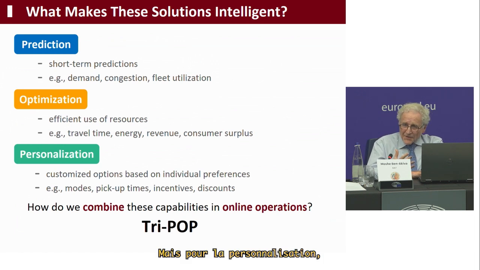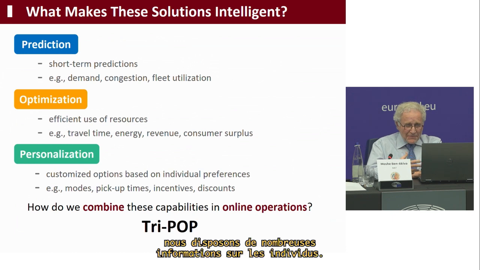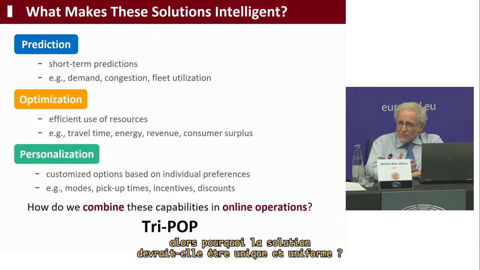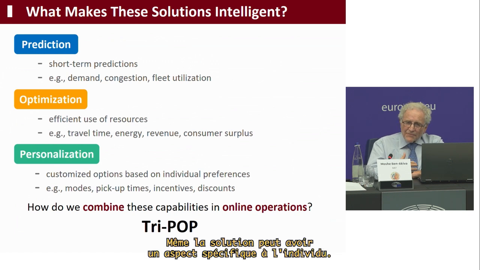But personalization nowadays, we have a lot of information about individuals. There is a great deal of heterogeneity in terms of behavior. So why should the solution be unique? Why should the solution be uniform? Even the solution can have an individual-specific aspect to it.